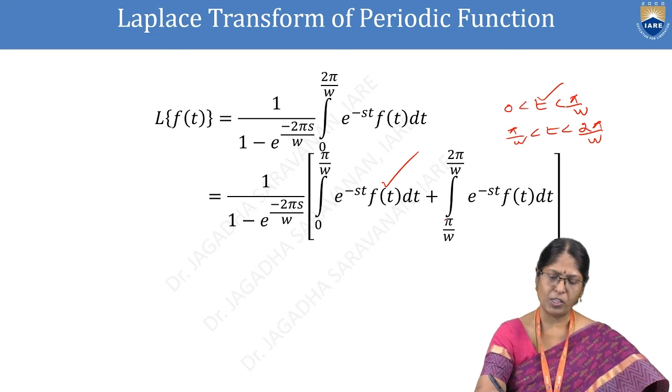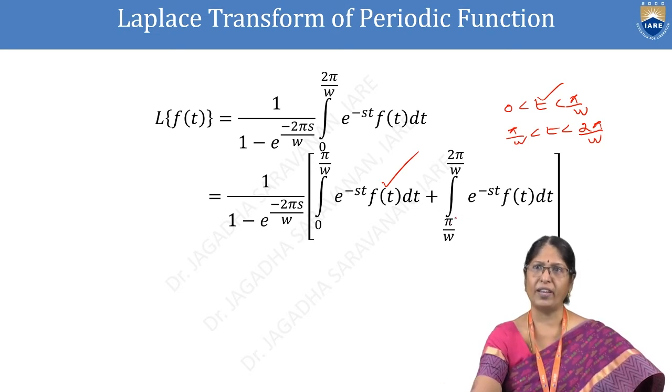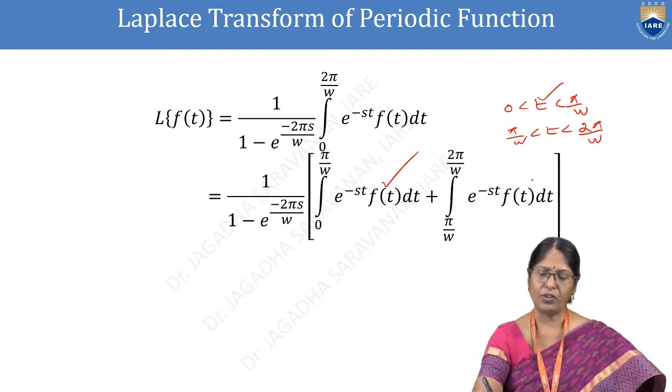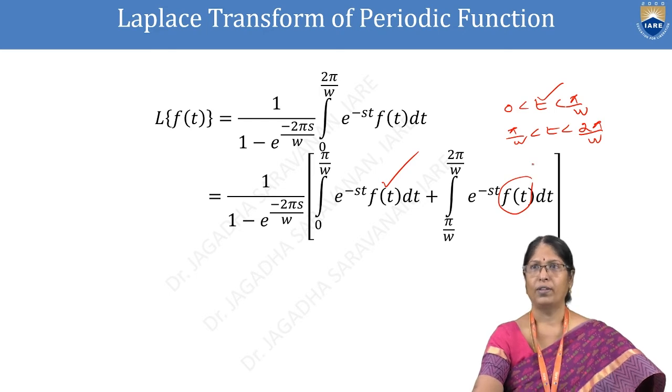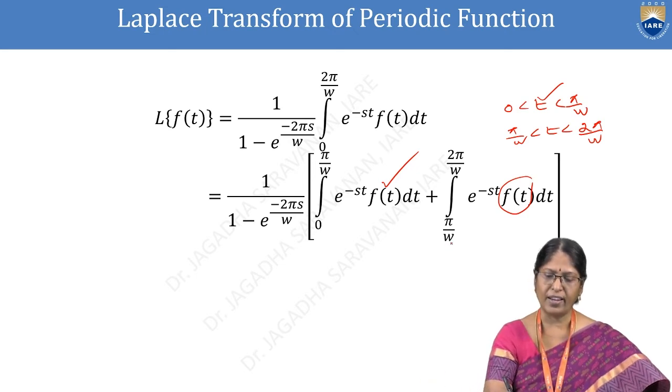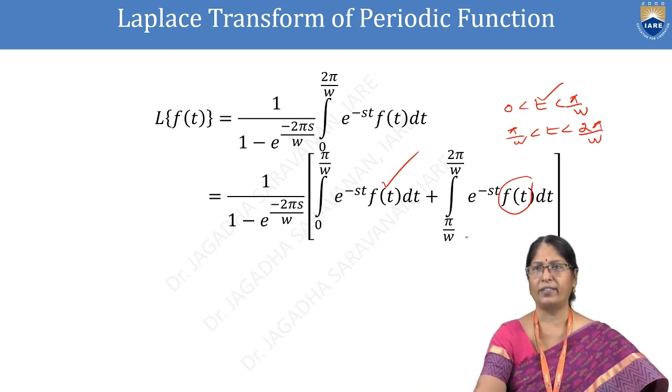Whereas, if it lies in the interval pi by w to 2 pi by w, the function is 0. That is a condition which is given in our problem. According to that, the second integral doesn't exist.